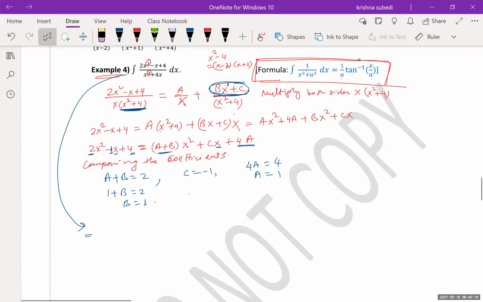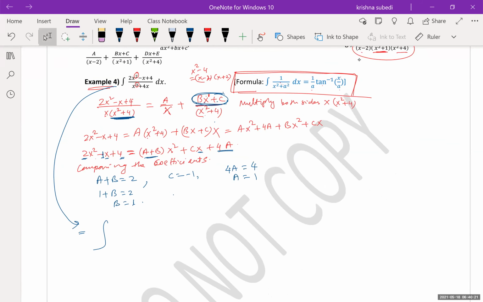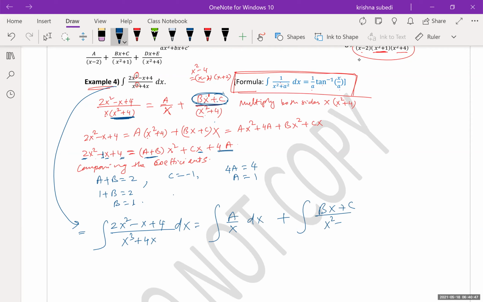Now I want you to complete this yourself. Integration of 2x squared minus x plus 4 divided by x cubed plus 4x dx, you can write this as a over x dx plus bx plus c over x squared plus 4 dx.